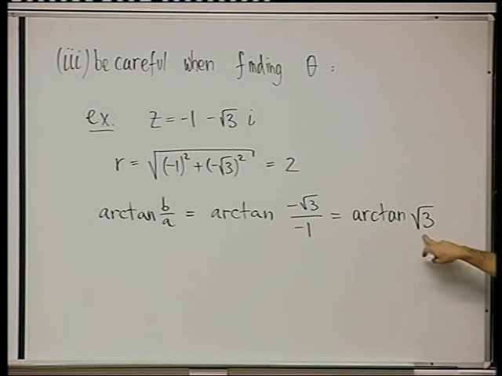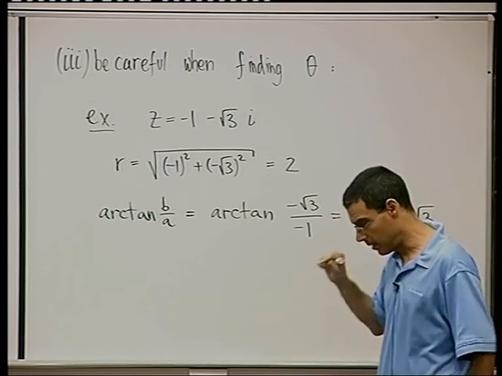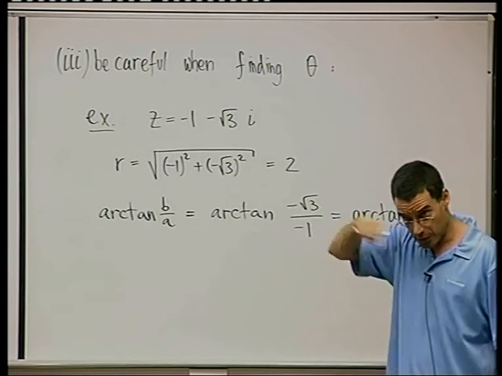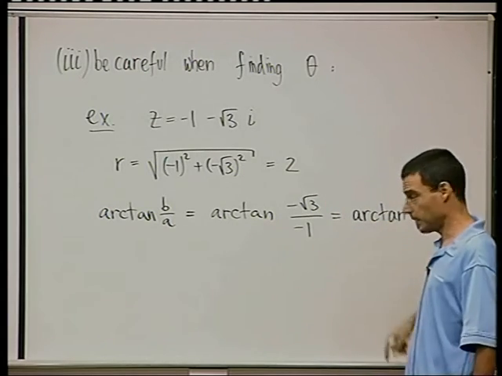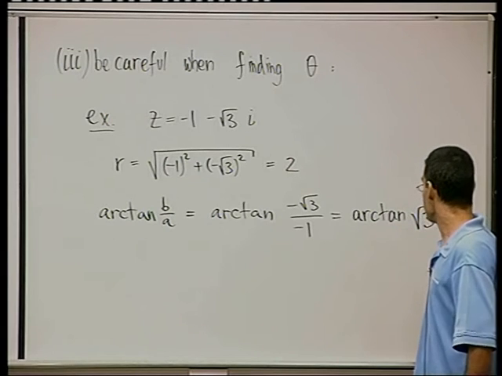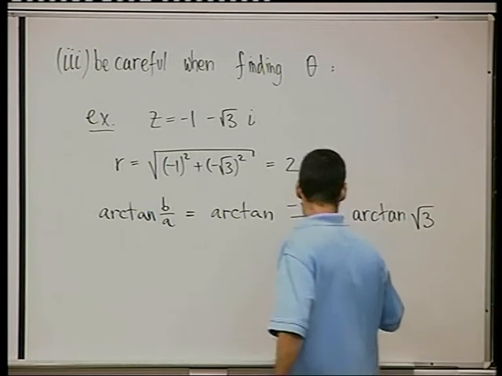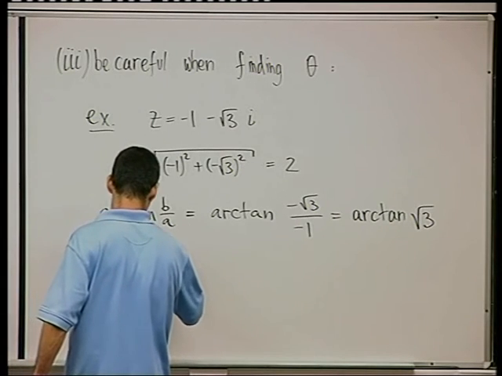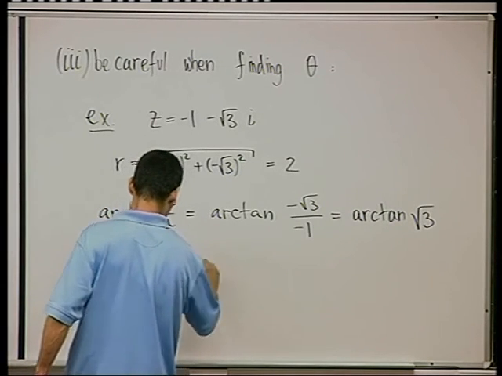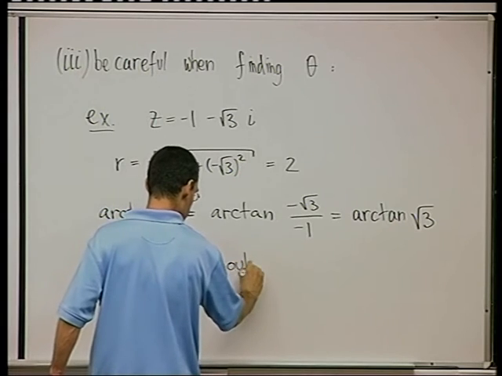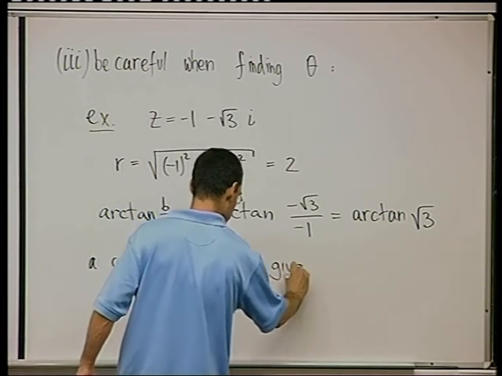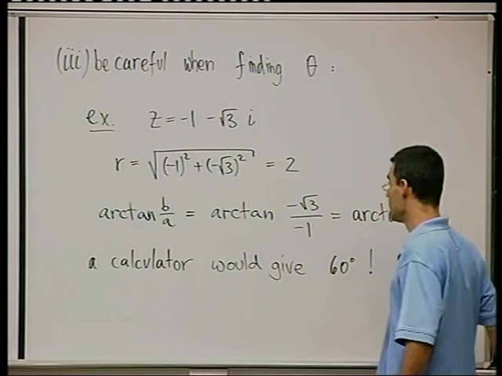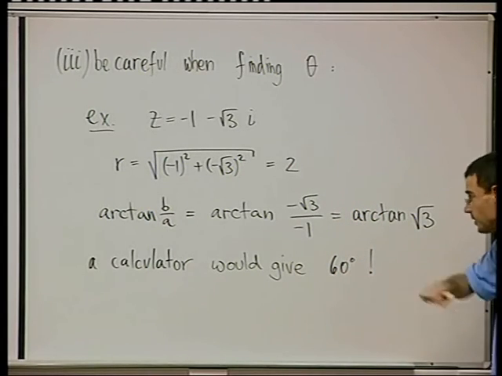And if you go to your calculator and plug in root 3 and then press tan inverse, tan to the -1, which is another name for arctan, a calculator would give 60 degrees. But this is obviously wrong.